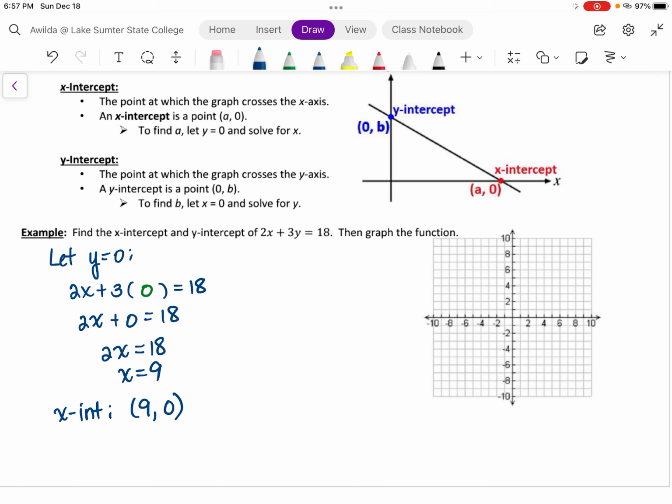Notice that x is equal to 9 per our calculation, and 0 is what we chose as the value for y up above. To find the y-intercept, we're going to let x equal 0.